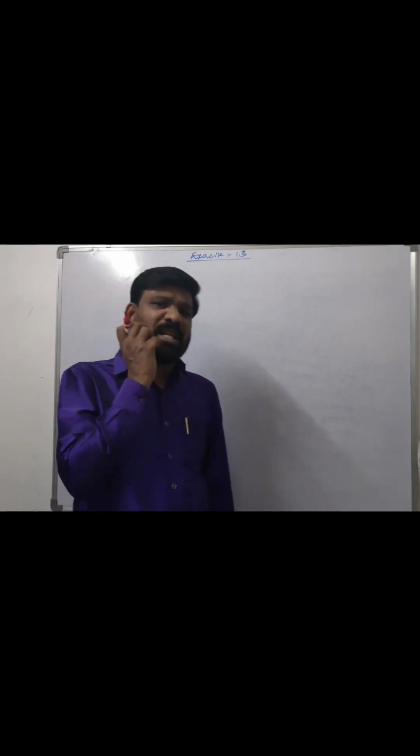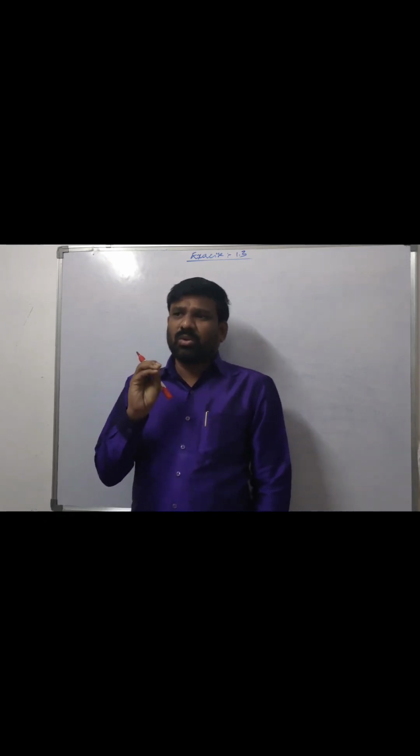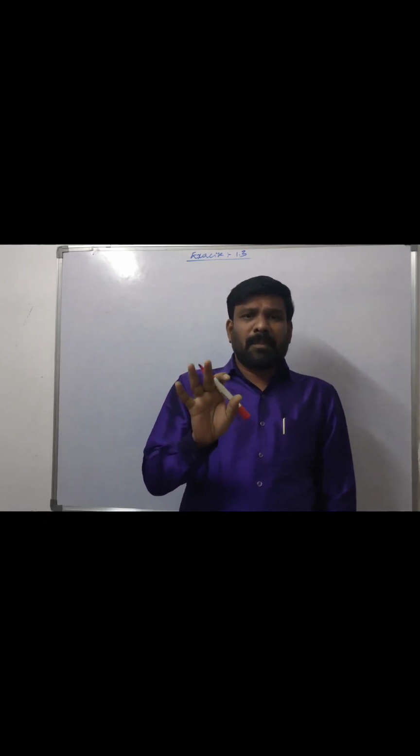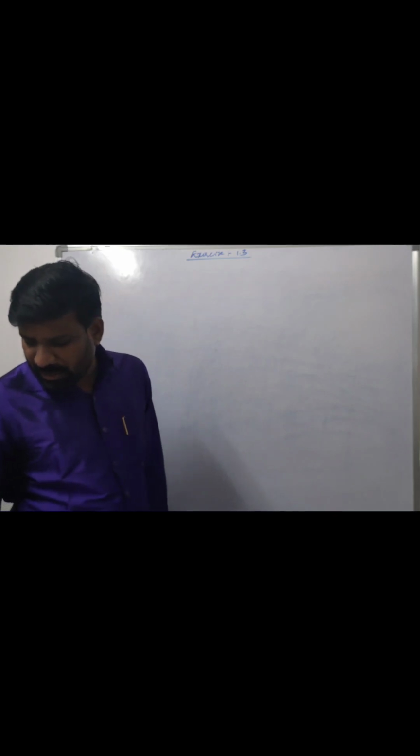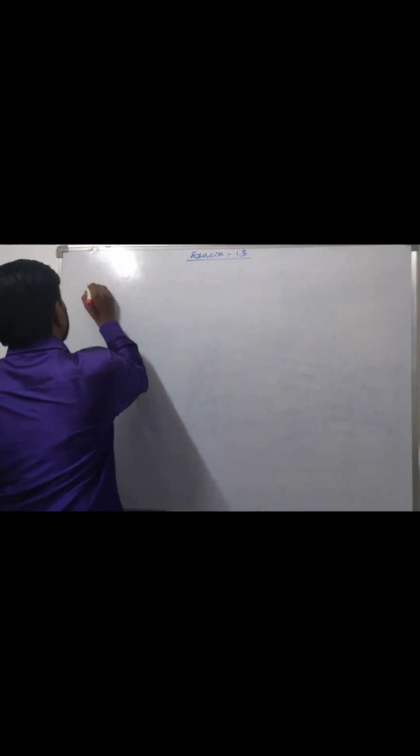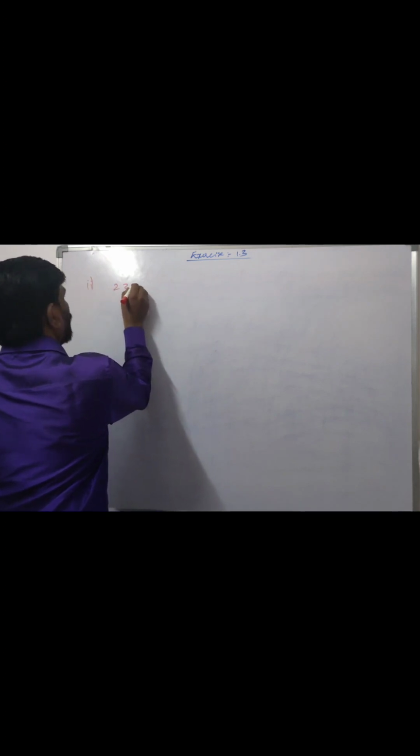In order to find the decimal form, you do just a normal division. Clear? So I will take 229 by 400. Let us see the second problem. 229 by 400.